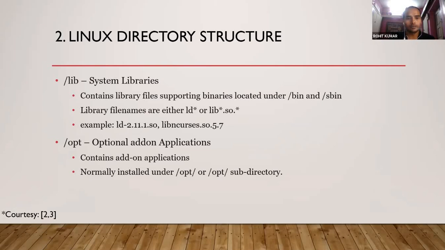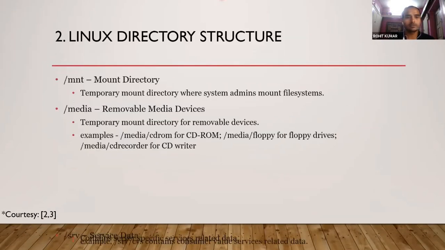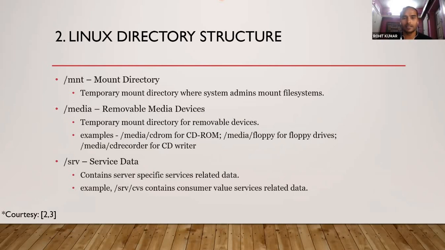So moving forward, we are going to discuss the concept of mount. It is supposed to have the admin mount file system. All kinds of mounting related files are supposed to get stored inside the mnt, mounted directory. Then there are some media, removable or permanent, such as CD-ROM, floppy or CD-write.